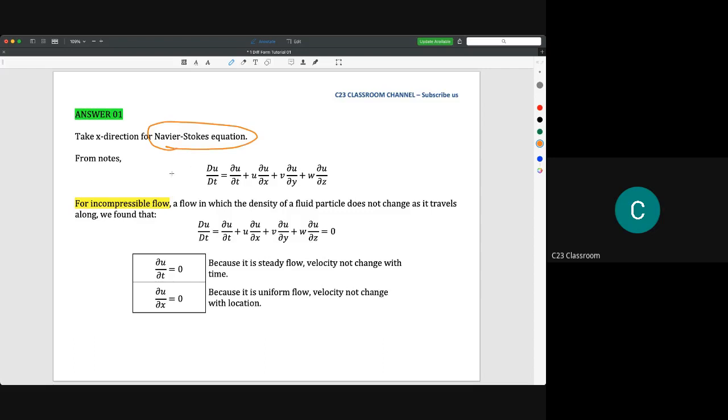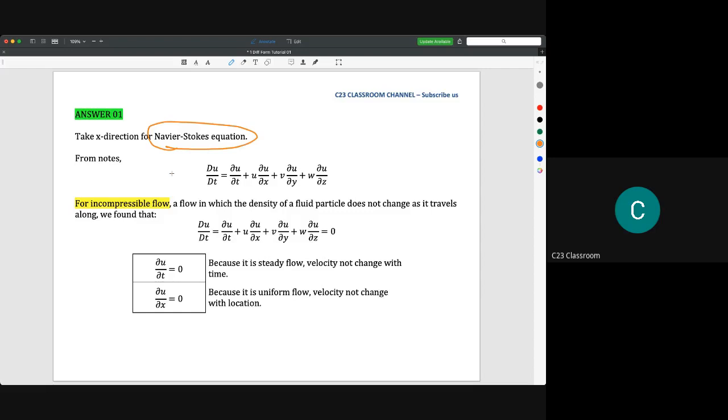This starts from the Navier-Stokes equation. To simplify this, we assume that it is a water flow inside that conduit.